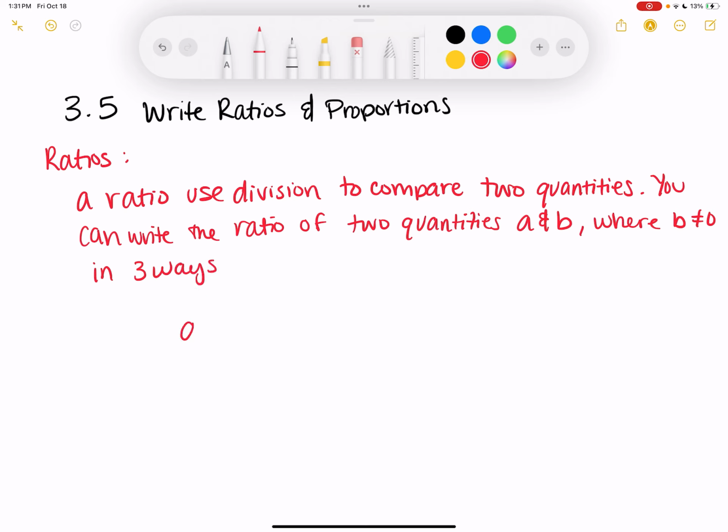First way is we can write it as A to B, like that.